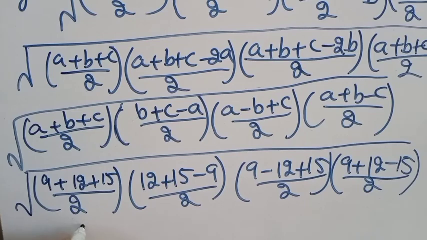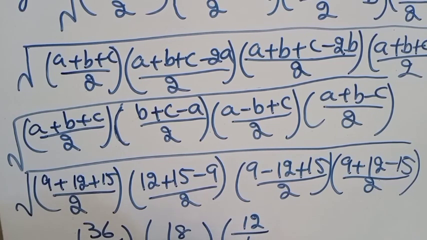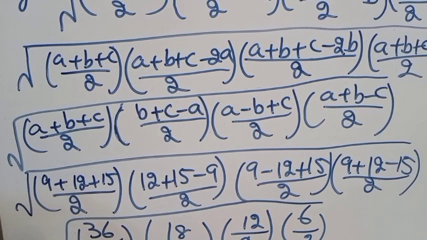Next we have 36 divided by 2, 18 divided by 2, 12 divided by 2, and 6 divided by 2, and this is under the root.